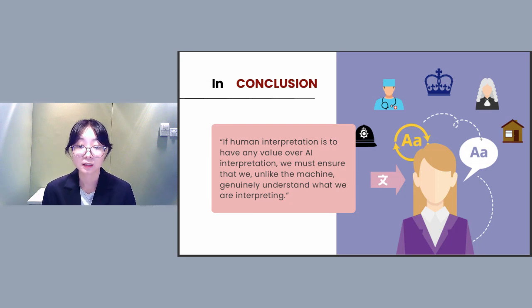Looking ahead, as AI continues to evolve, CAI tools will become even more integrated with our workflow. The question won't be whether to use them, but how to use them wisely. Just as an interpreter put it, if human interpretation is to have any value over AI interpretation, we must ensure that we, unlike the machine, genuinely understand what we are interpreting.